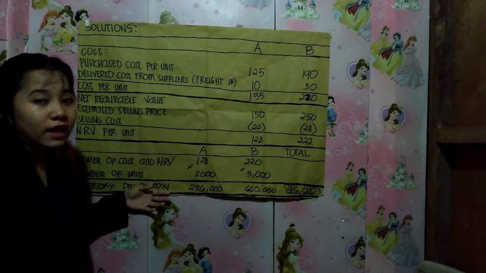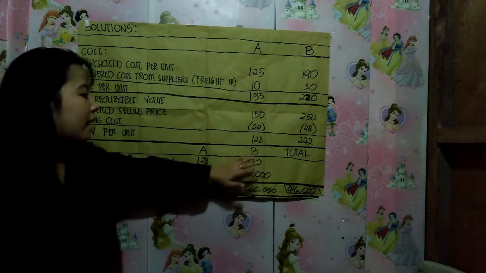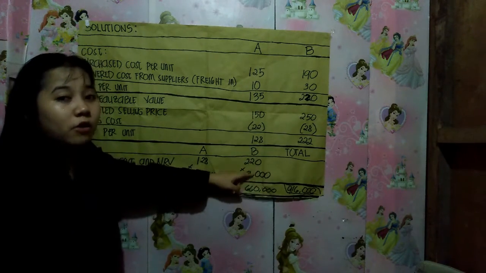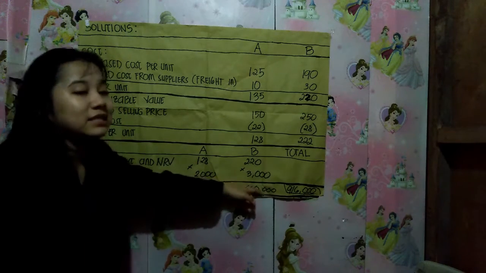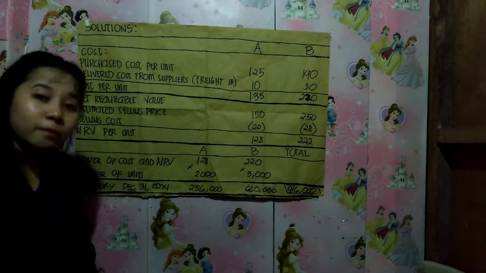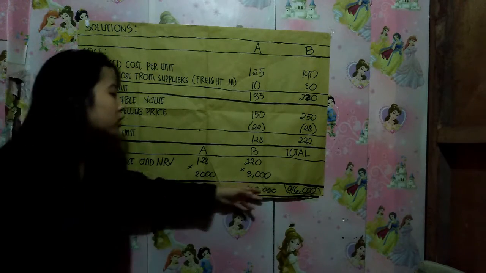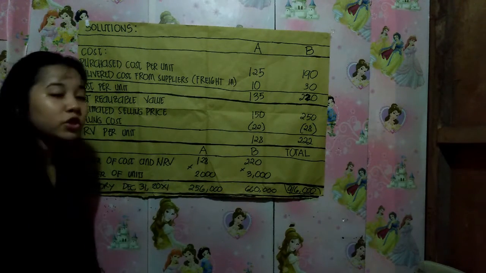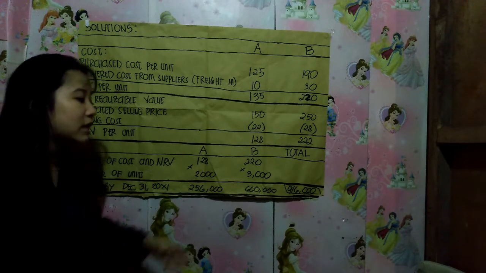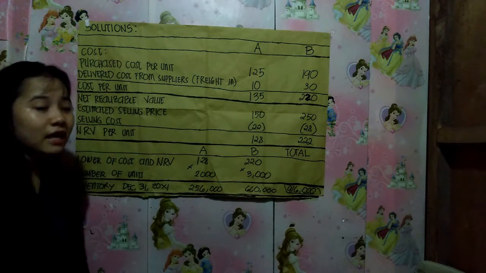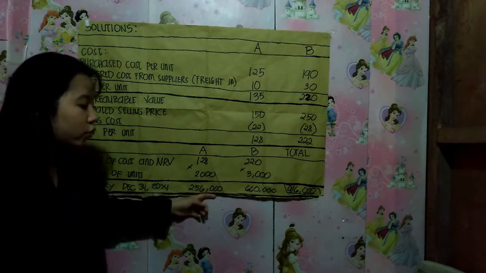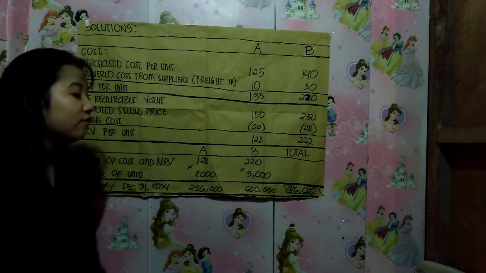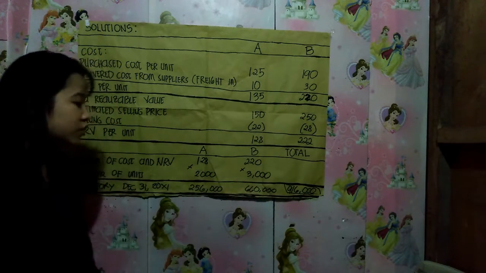Inventory of December 20x1. This is the last step. And for B, 220 multiplied by 3,000 is 660,000. So the total of the inventory at December 31, 20x1 is 916,000. You're just going to add the 256,000 plus 660,000.